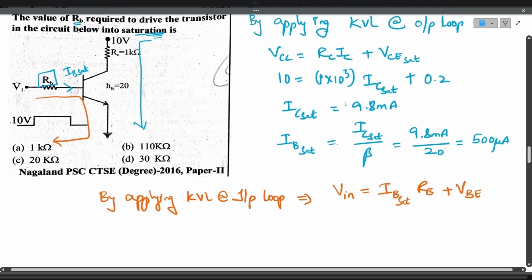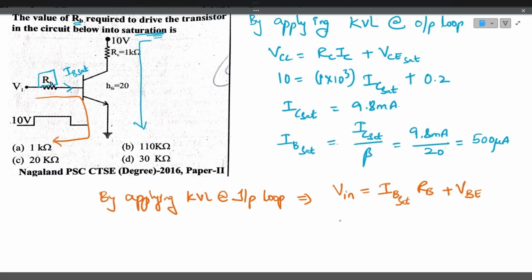So the VBE is usually 0.7 volts. The input voltage is 10 volts. IB saturation is 500 microamperes. Base resistance RB plus base emitter voltage, which will be 0.7 volts generally. So from this, you can tell the base resistance will be approximately closer to 20 kilo ohms. So the answer is option C.